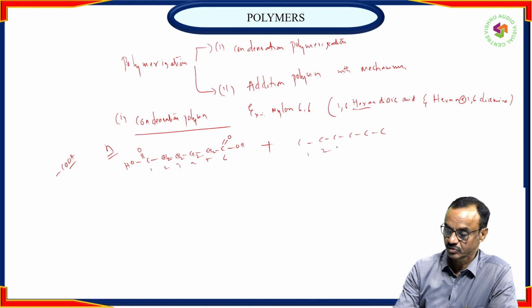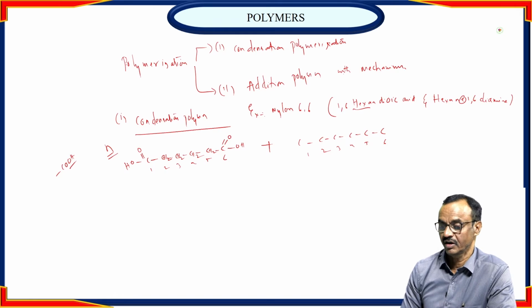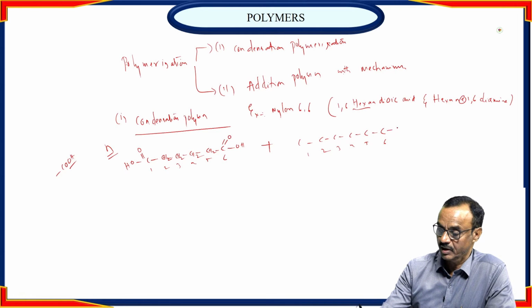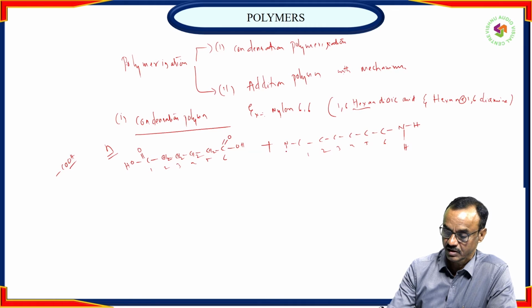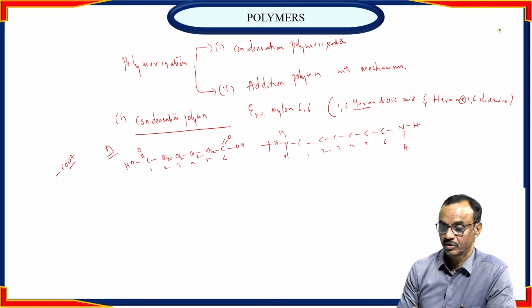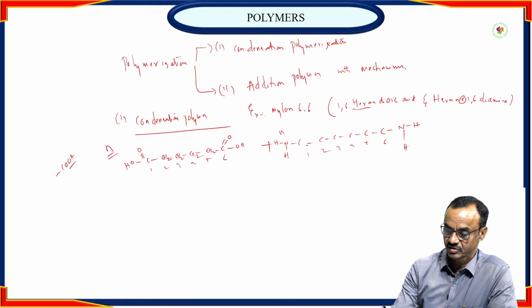You can write numbers also; you can start giving numbers from either the right side or the left side. The amine is attached, NH, and here also NH. How many hydrogens? 2 hydrogens.